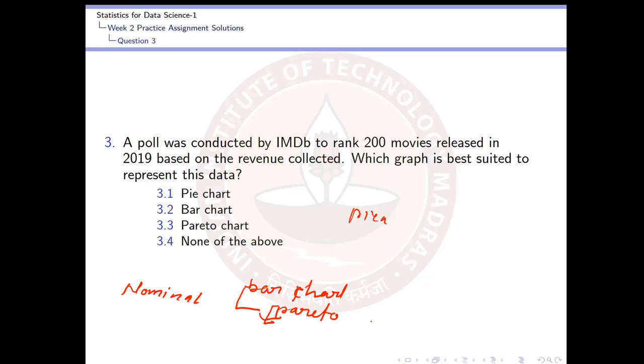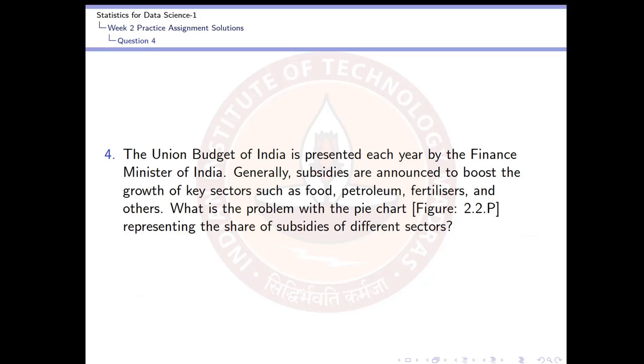To compare the frequencies, Pareto chart is most used because from a Pareto chart we can certainly know which movie or which observation has higher frequency, because the very first observation has the highest frequency. And in our case, movies have nominal scale of measurement. So in this case, Pareto chart is most used. So the answer is Pareto chart. Let's move to the next question.